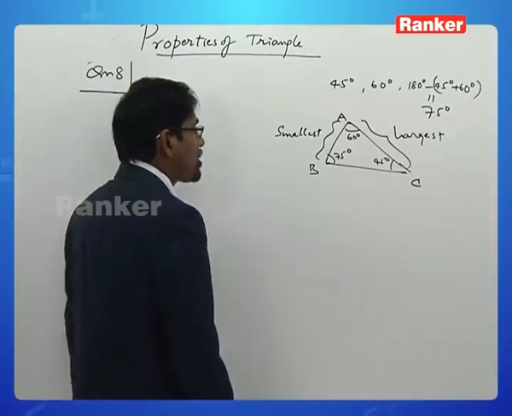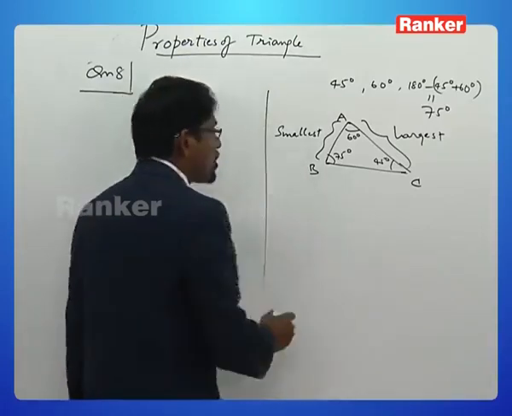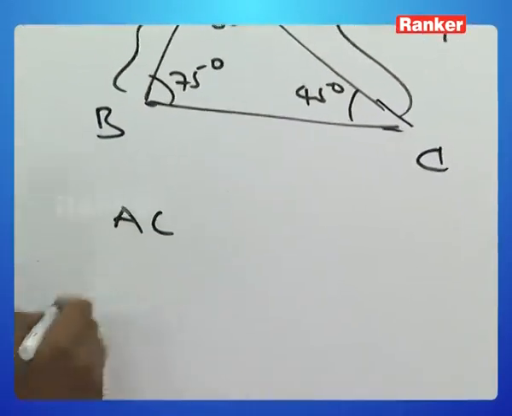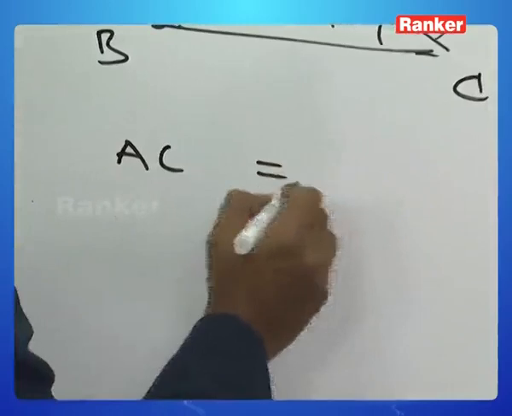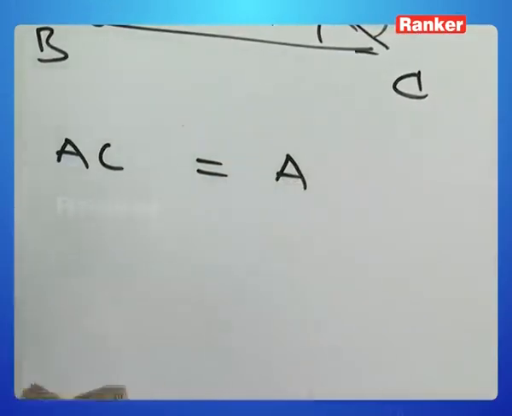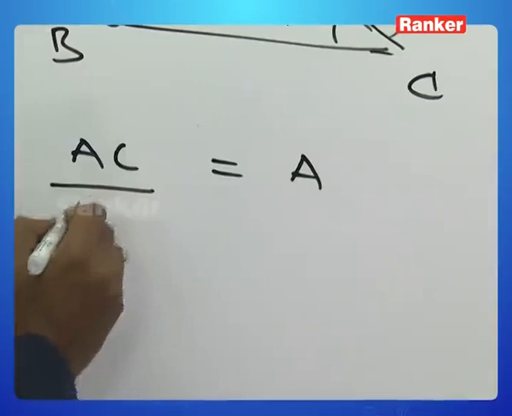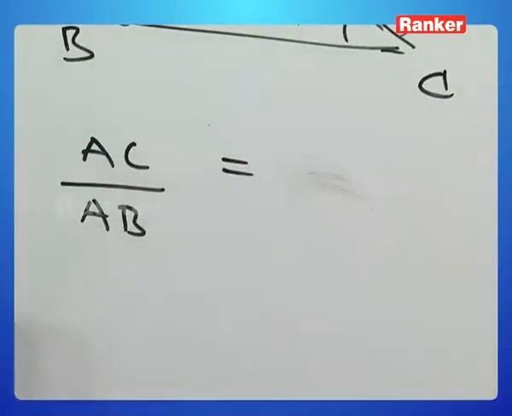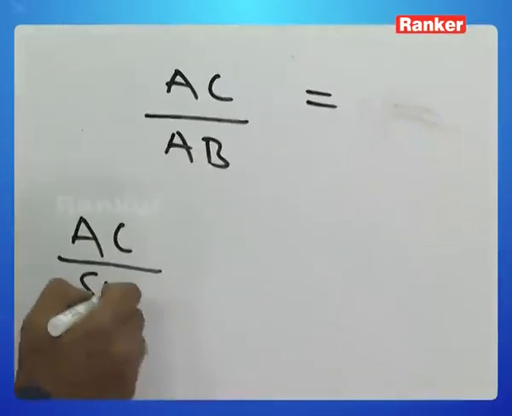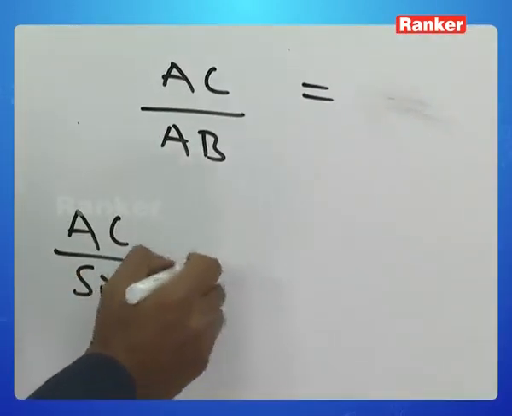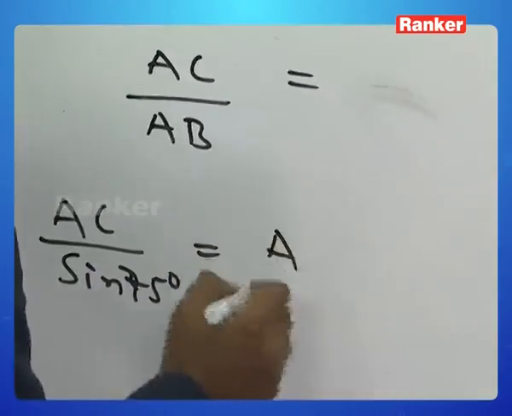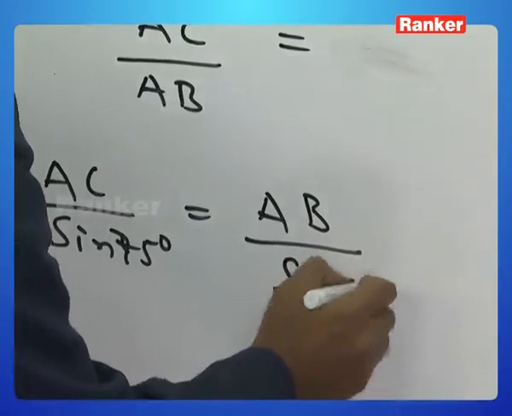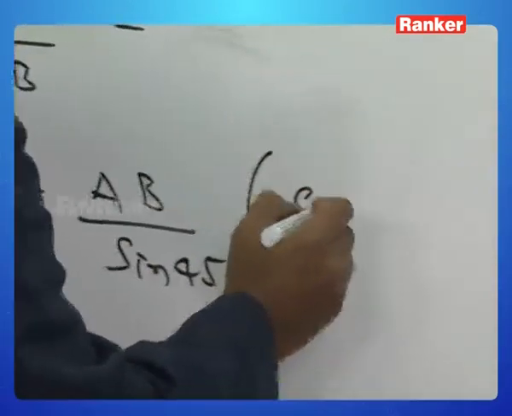Now what we want is the ratio of the largest to the smallest. So what is that? AC by AB is what we want. We know that AC by sin 75 is equal to AB by sin 45. That's by sine rule.